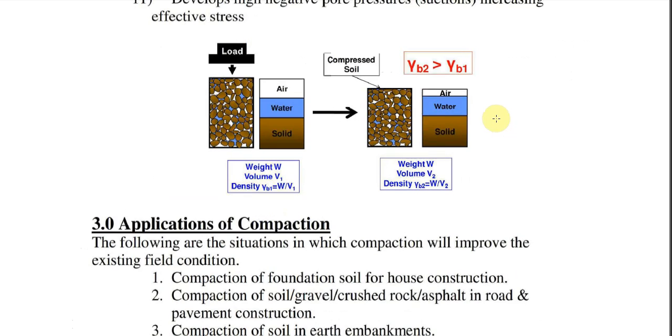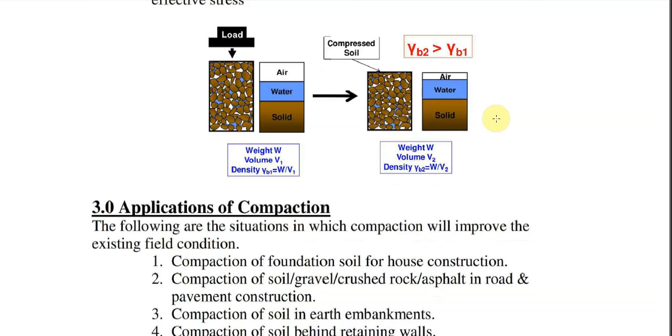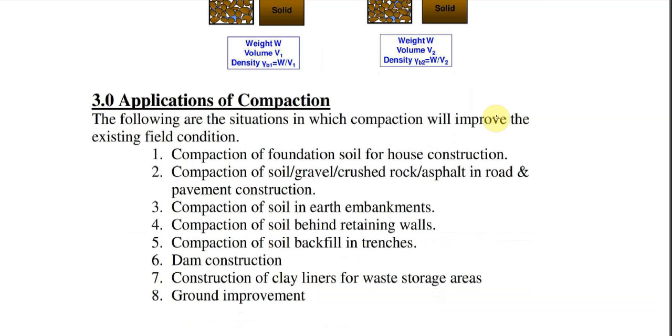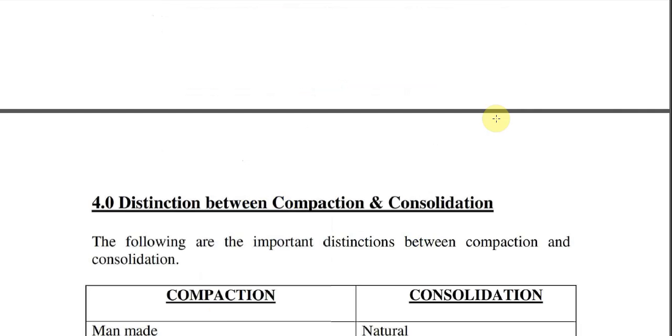Hence, it increases the density. But if you go on adding water, the density increases, but only up to a certain point. Beyond that point or beyond that water content, density won't increase, but density will decrease.